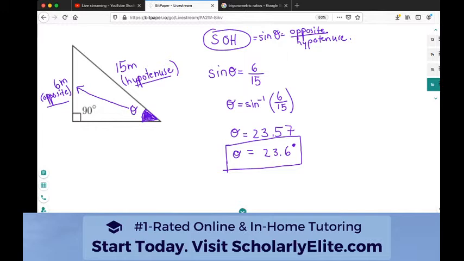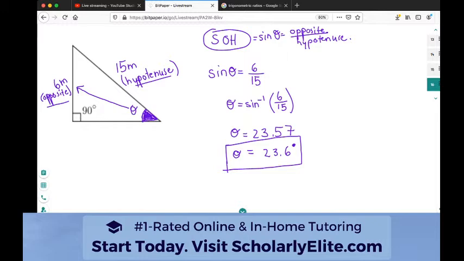And then just put a bracket and type in the numbers 6 divided by 15, close the bracket, press equal, and you'll get your answer. So if anyone is confused by that, please let me know. I'm happy to go over that.